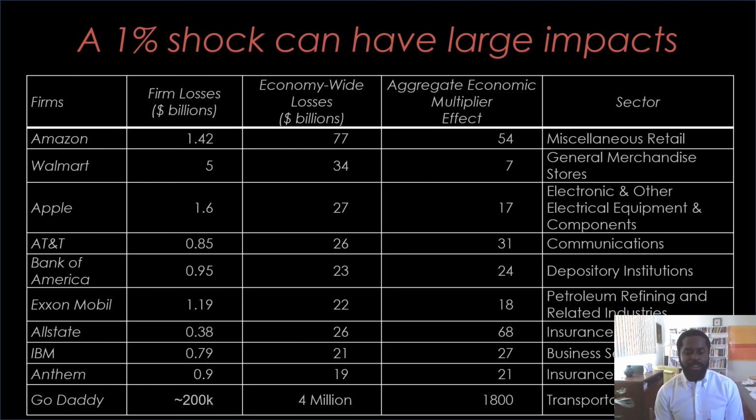And there's a lot of things to say about this chart and this table of results. The first is that there is a diverse number of firms on here. Amazon, Walmart, Apple, AT&T, Bank of America, Exxon, Allstate, IBM, Anthem, GoDaddy, you'll get to that in a minute. These are all from diverse sectors.